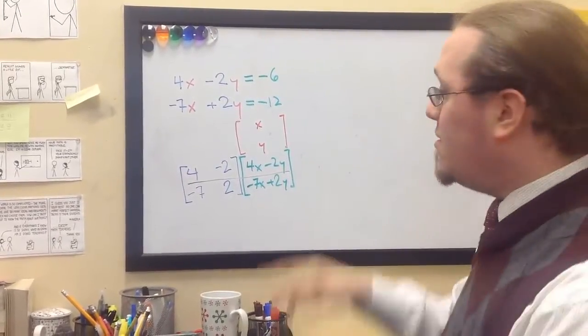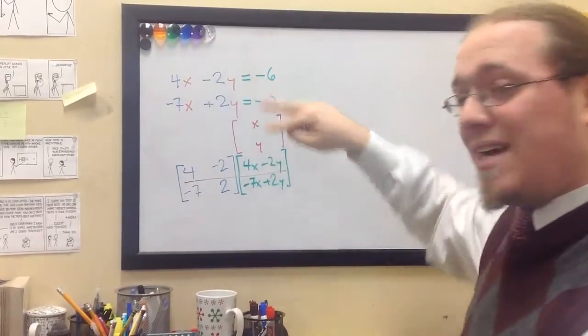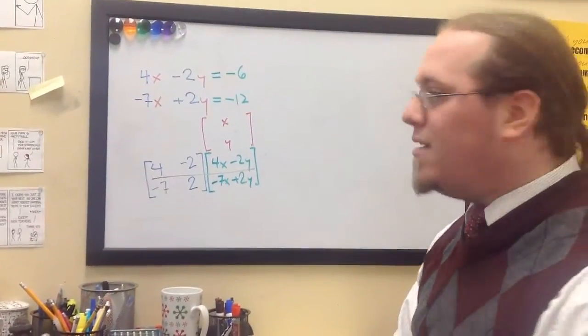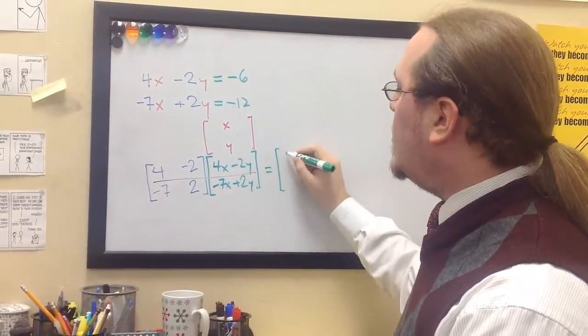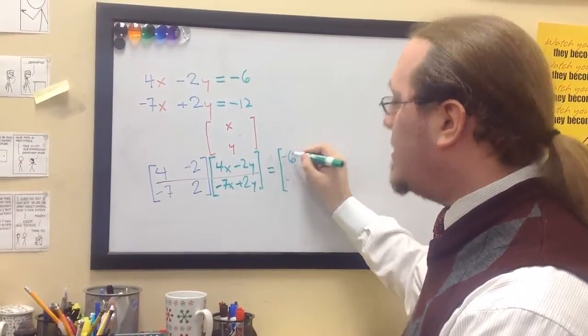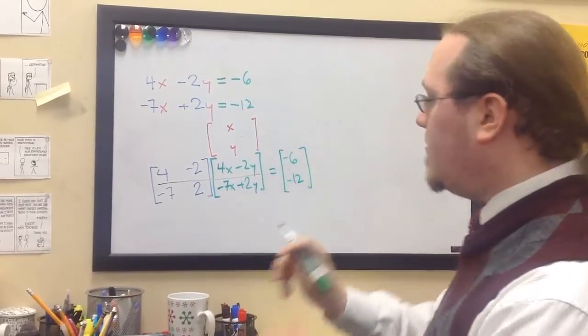And if you notice, these things right here are the left side of the equation that we just said. So what we can basically do is say that this should be equal to -6, -12.